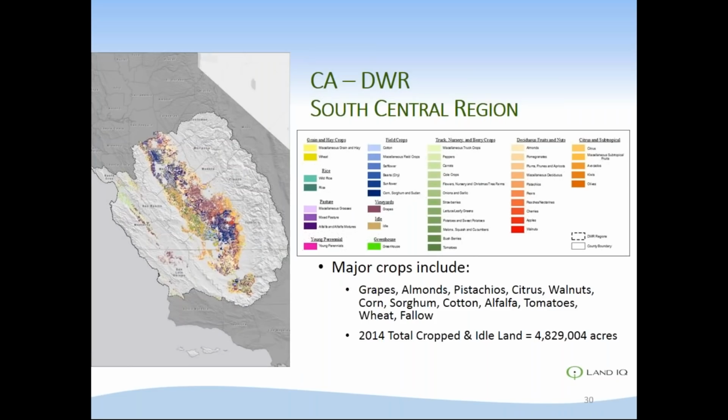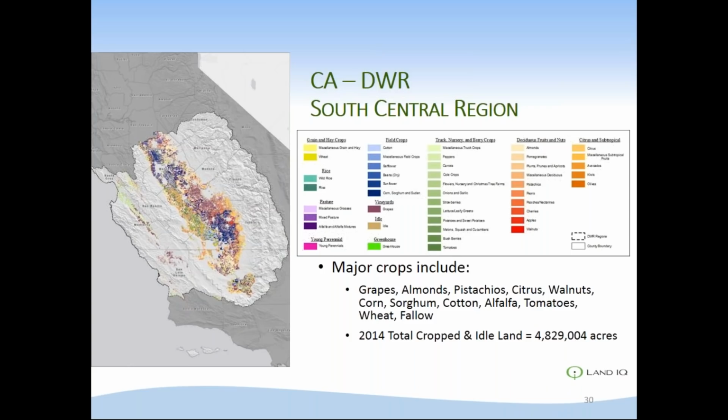the northern region. Then we kind of transition into the big boy of the 4 regions, and this is the south central region, which comprises basically all of the San Joaquin Valley and the Salinas Valley and some of the smaller coastal valleys. But again, we see a change in crop types. There's some consistent ones that you might see across the state, but others you may see new ones, which include, in this case, pistachios, citrus, a lot more corn and sorghum, cotton, and those types of crops in the south central region of DWR's regions.